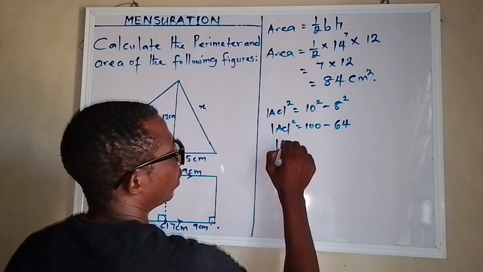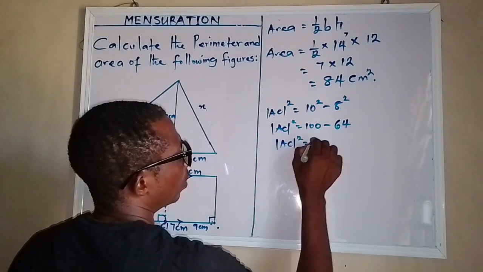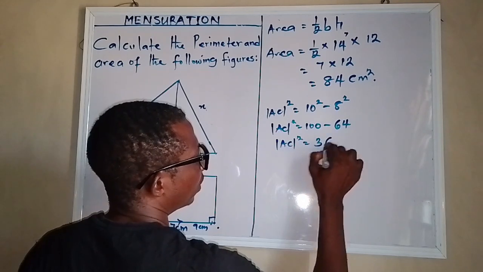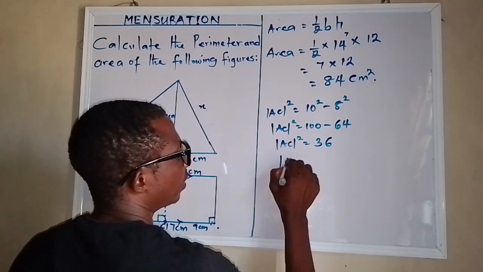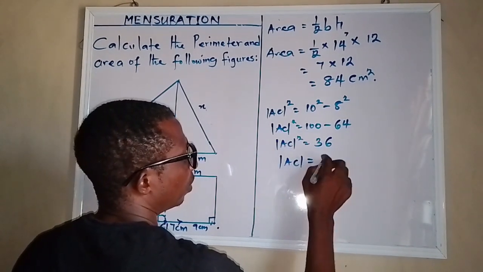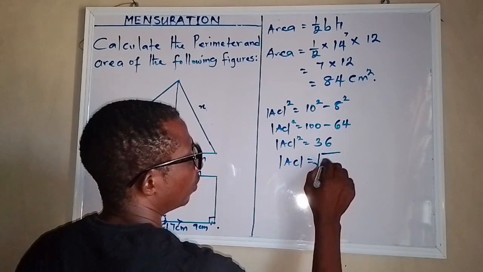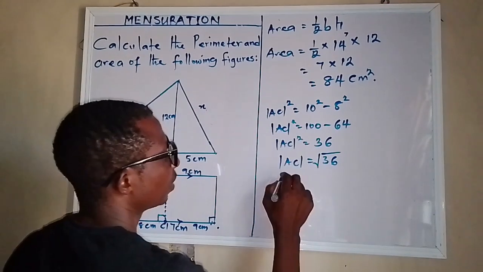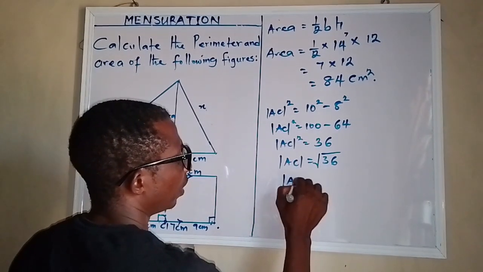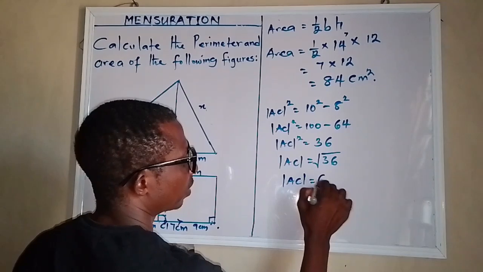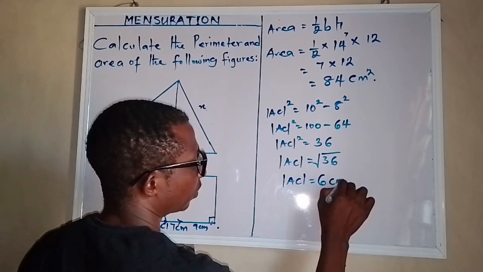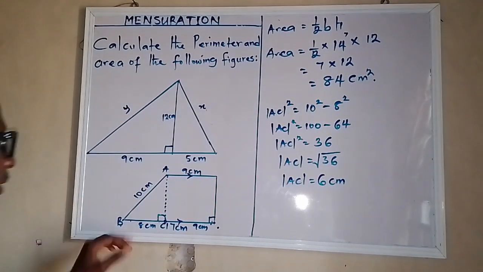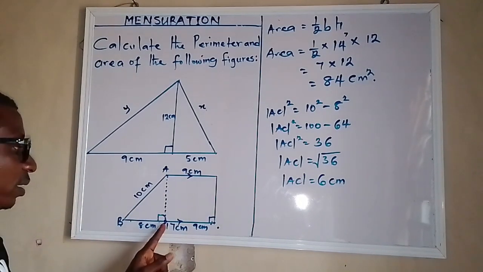So AC square gives 36, and AC is the square root of 36. When you take square root of both sides, we have AC to be 6 centimeter. So now the height here, AC, is 6 centimeter.